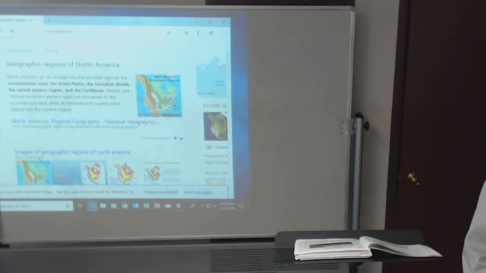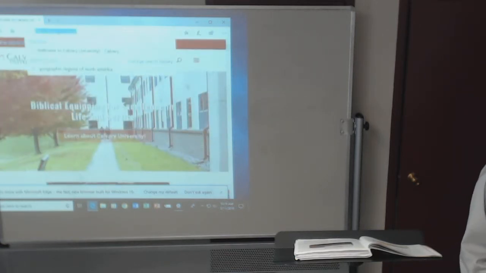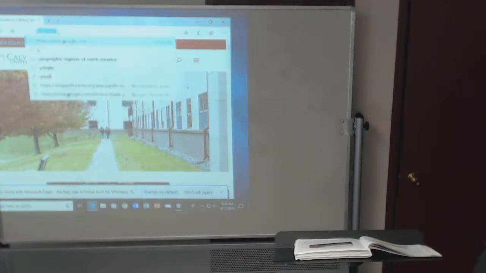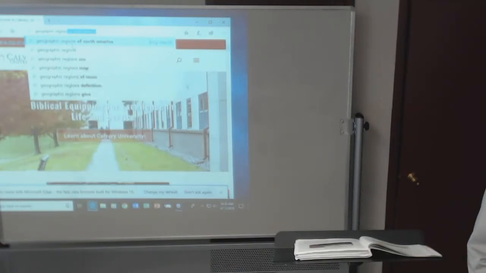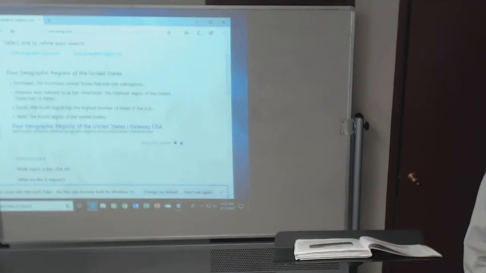Let's go back. It won't let me go back. Oh, okay, let's type it in again. What was it? Geographic regions in the U.S. 4 geographic regions in the United States.